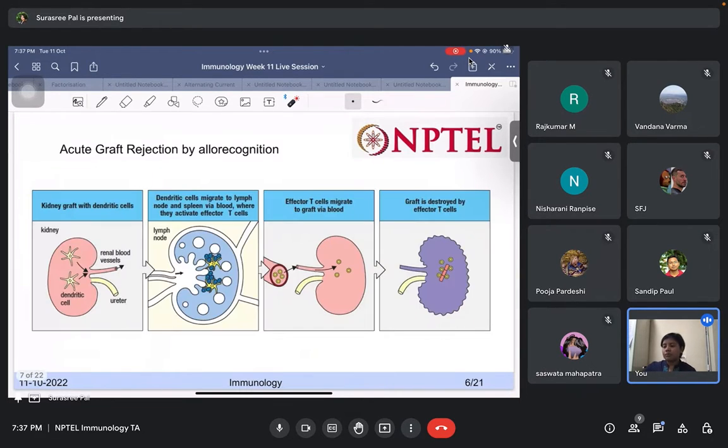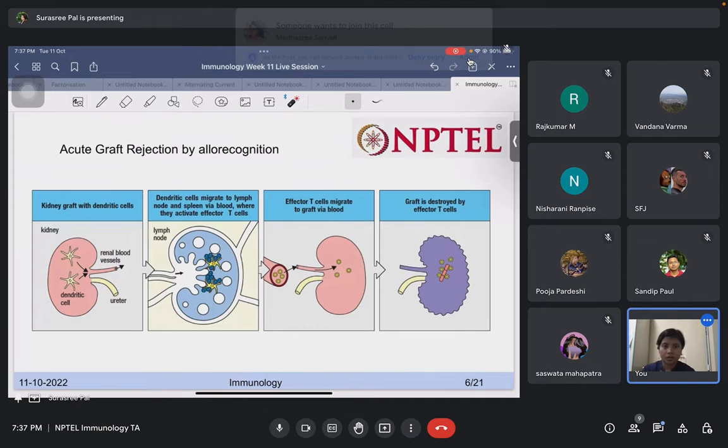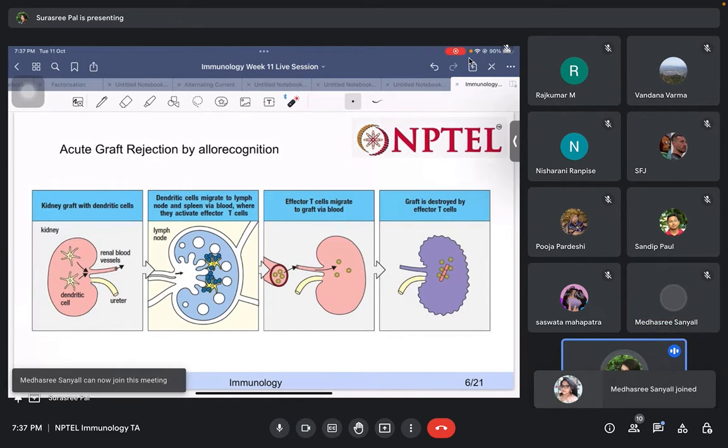Now we will talk about the allo antigens and the alloreactive T cells. So what are these allo antigens? These are the antigens that differ between the members of the same species, right?